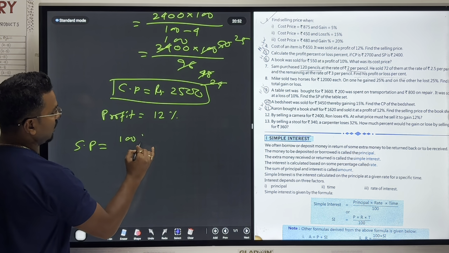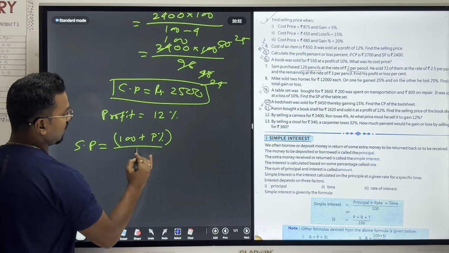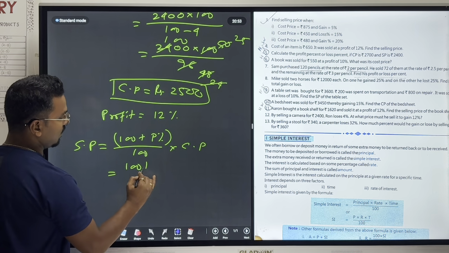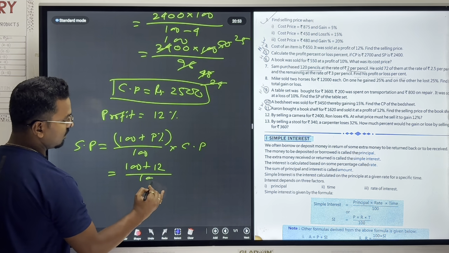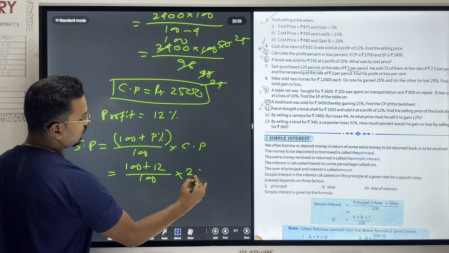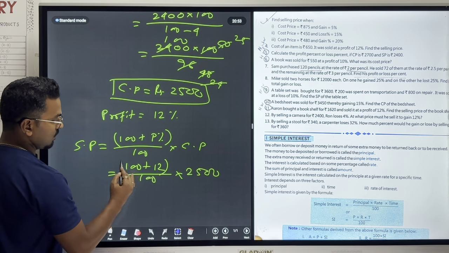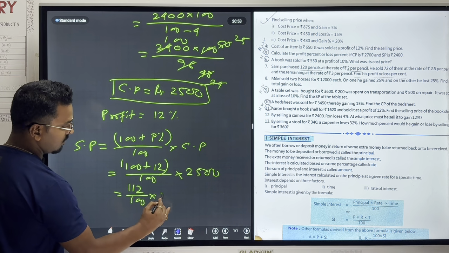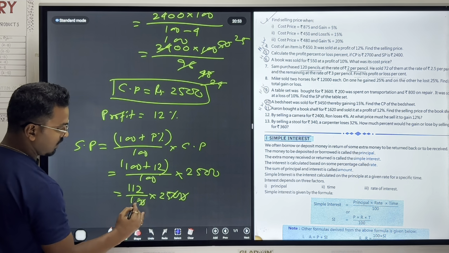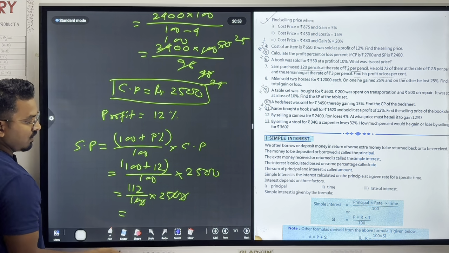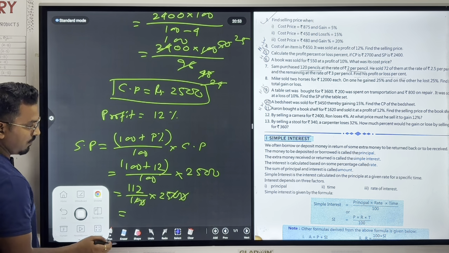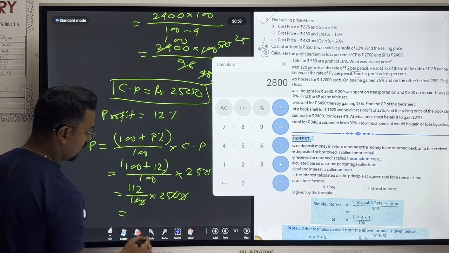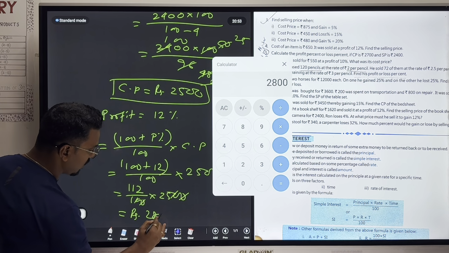Selling price is (100 plus profit percent) divided by 100 multiplied by CP. So 100 plus 12, which is 112, divided by 100 into 2500. Cancelling, 112 into 25 is rupees 2800.